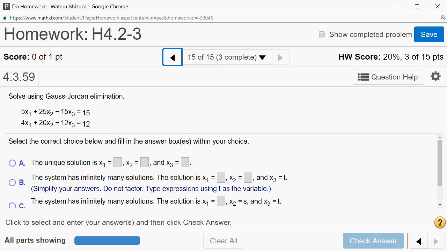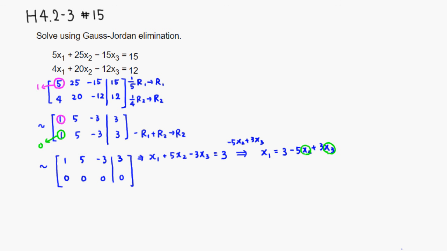I have to look at the form. Okay, if you look at part C, x2 is s and x3 is t. So x1 is going to be 3 minus 5s plus 3t.